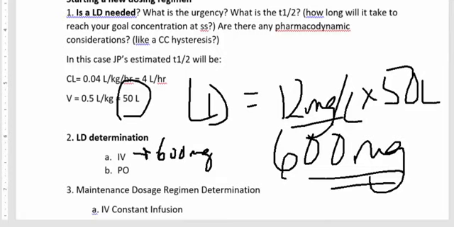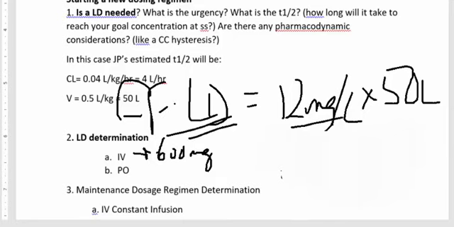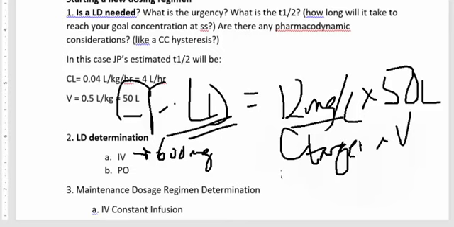So in order to determine our oral, we just need to consider bioavailability, don't we? In order to determine our oral, it's going to be F times our loading dose equal to our C target times our volume, right?